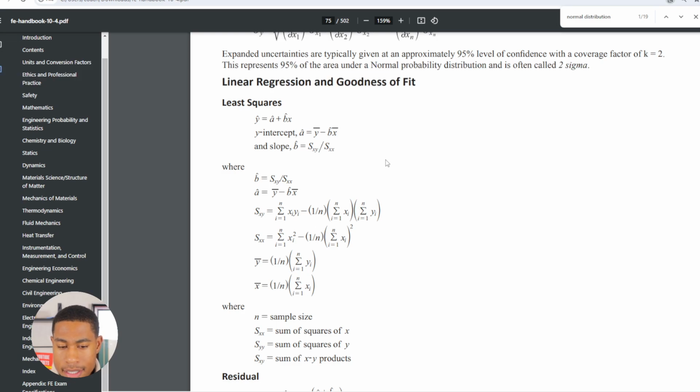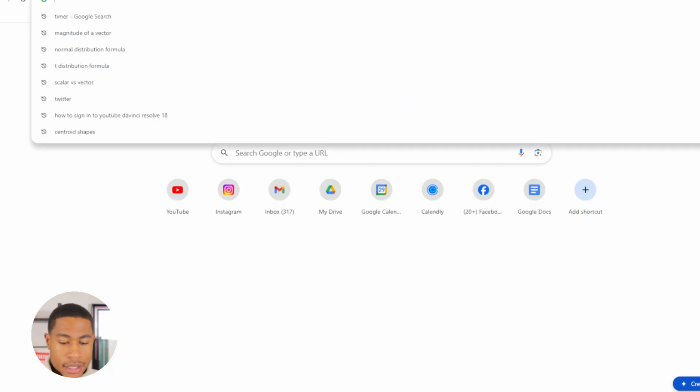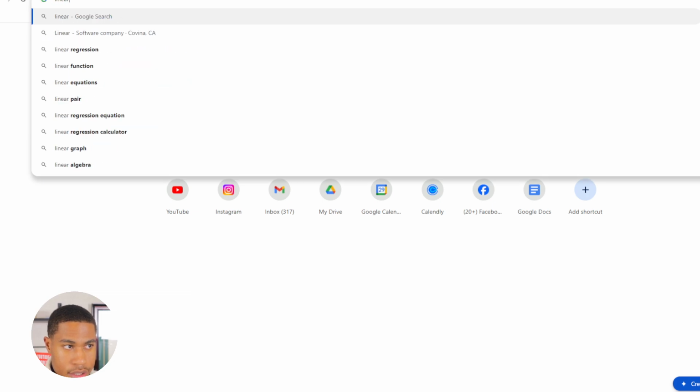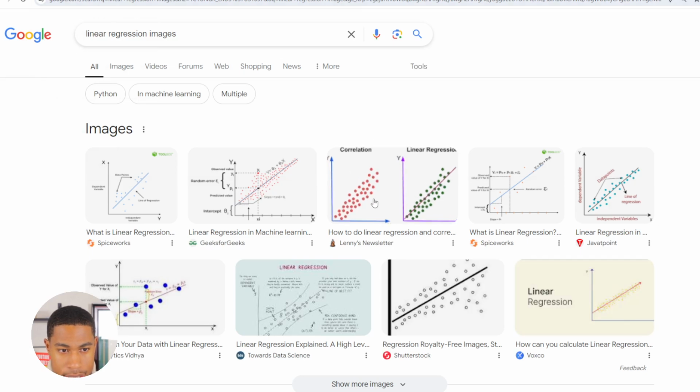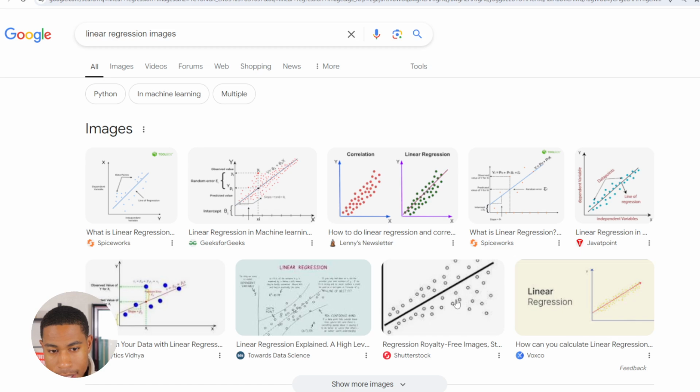So they may say how fast a person can run, and then how many races they've won. The faster you are, the more races you win. So the data may support that, and it may form some sort of a line. And I'll just pull up a linear regression image, just so you have an idea of what I'm trying to explain.